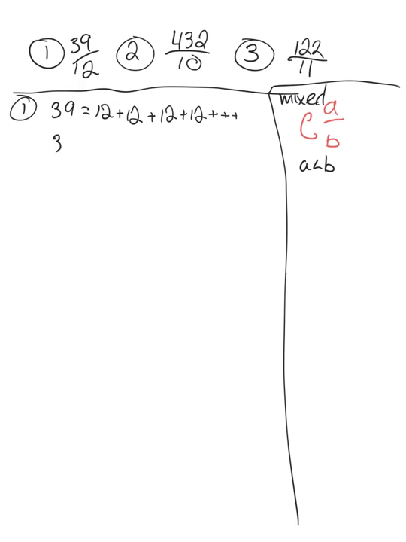Or we can go 39 equals 3 times 12, which is 36. Oh, that should have been a 9. 39 equals 36 plus 3, where 3 is the remainder.